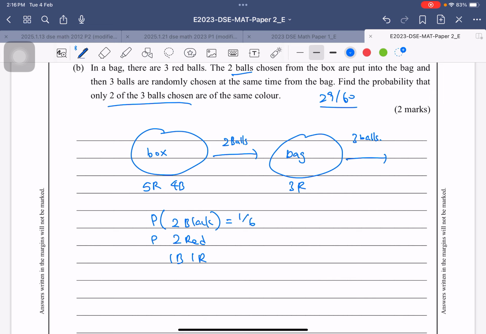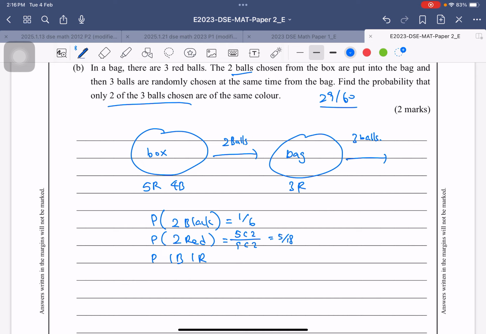And then the probability of 2 red is equal to 5 balls, you choose 2, and then you divide by 9C2. So that's giving you 5/18.